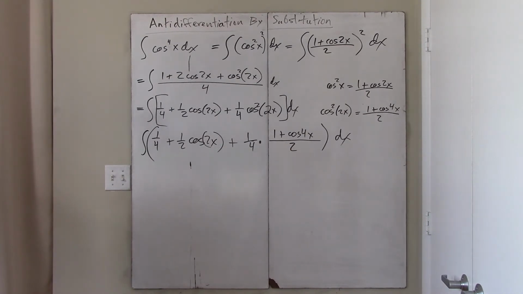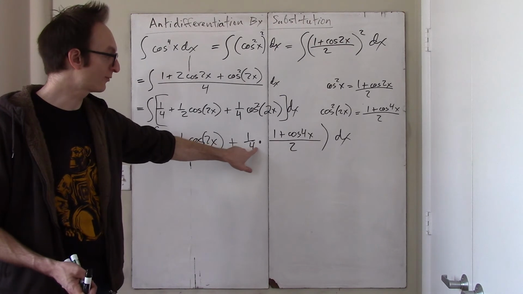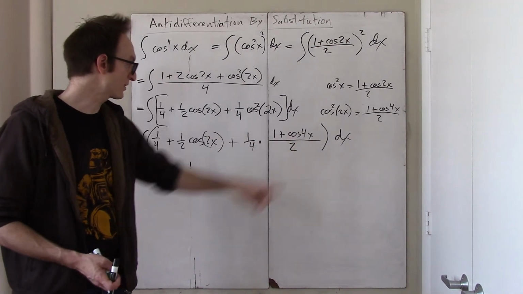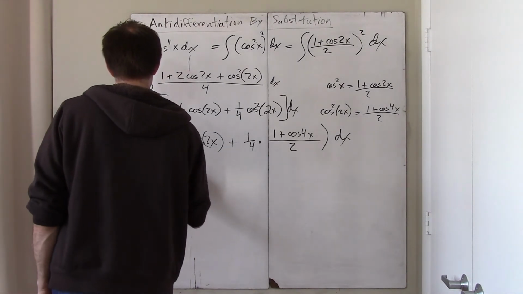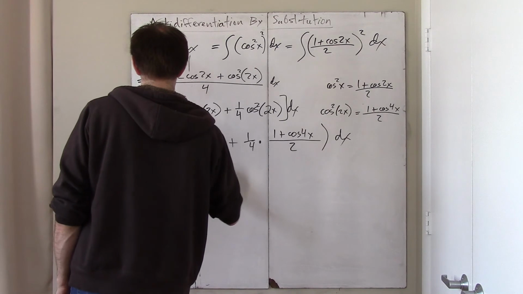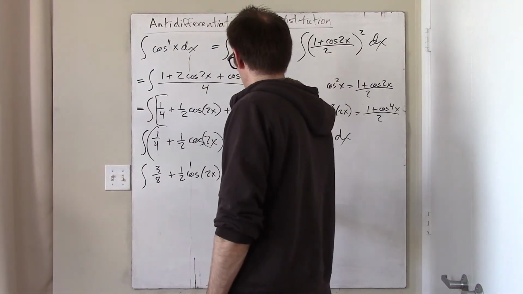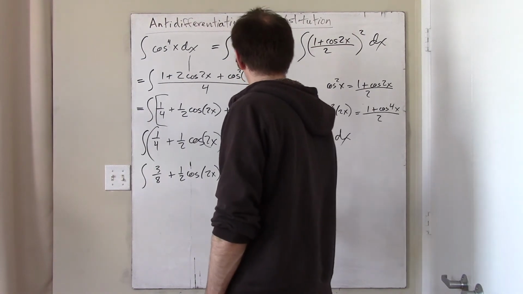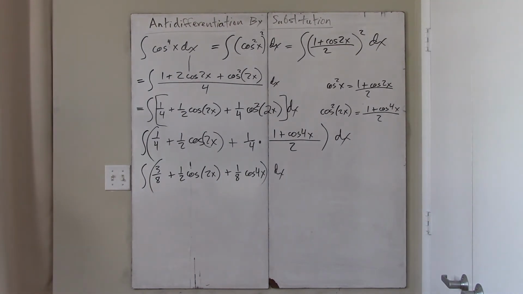That's like an eighth. If I distribute this 1/4 and break this up, I get 1/8 plus a fourth, so it's 3/8. So this becomes 3/8 plus 1/2 cosine 2x plus 1/8 cosine 4x dx. It's not so terrible, but it's not exactly my favorite thing to do in the whole world.